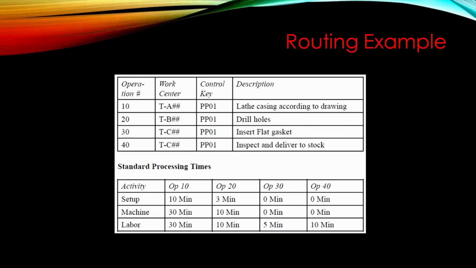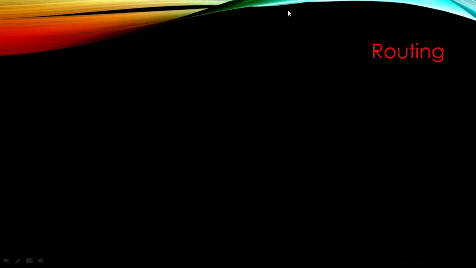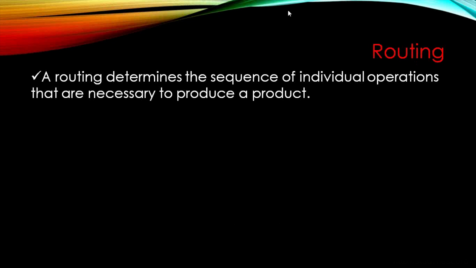Now let us see some theory about routing, and then we'll move on to more practical work. A routing determines the sequence of individual operations that are necessary to produce a product.